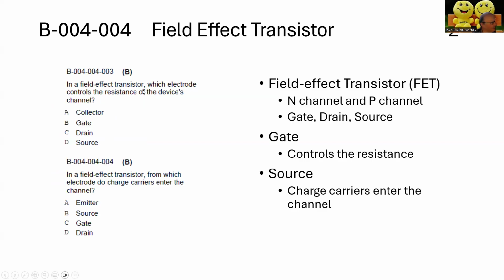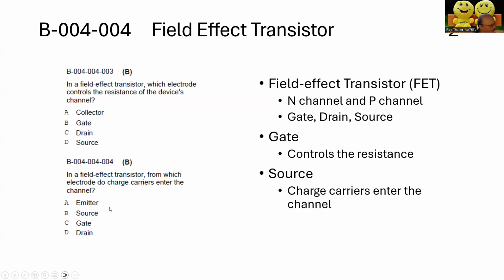In a field effect transistor, which electrode controls the resistance of a device channel? So in this case, that would be B, the gate. In a field effect transistor, from which electrode do charge carriers enter the channel?